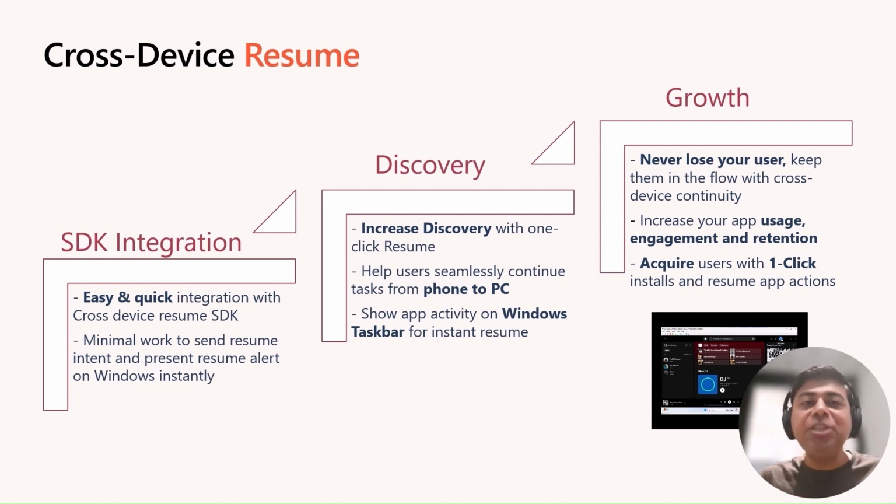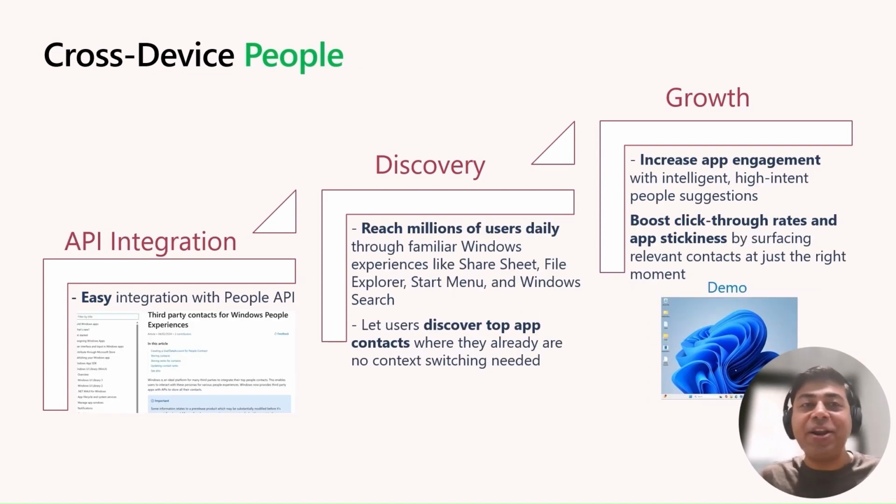And with that, let's move on to another powerful capability that helps keep people connected. So we've talked about sharing content across devices, we've talked about resuming tasks, but there's one more piece that's essential to helping users stay in the flow, and that's staying connected with the people who matter most. That's where the cross-device People API comes in.